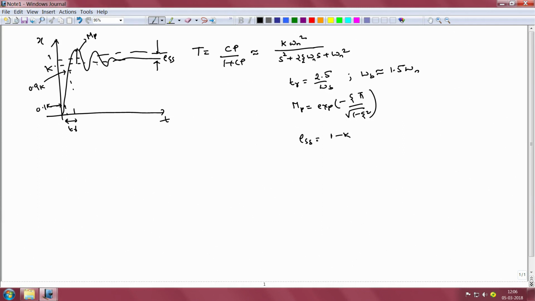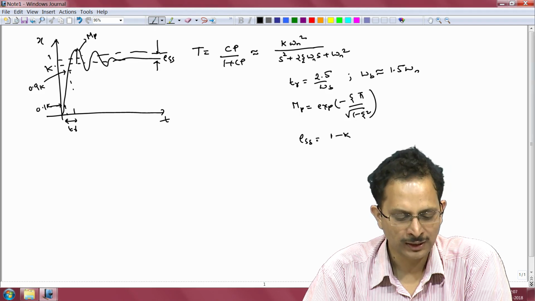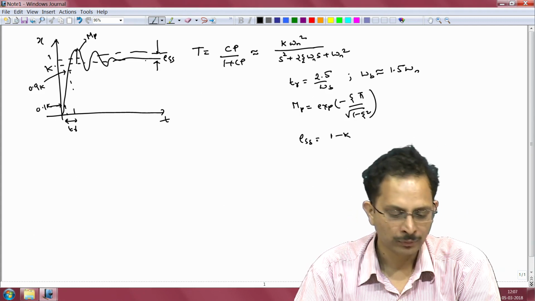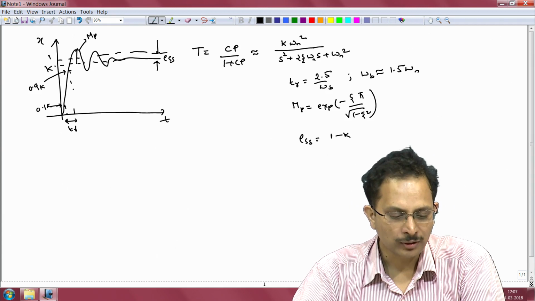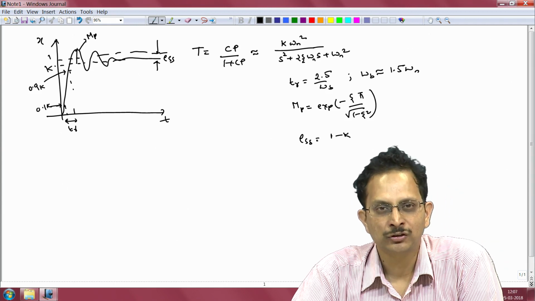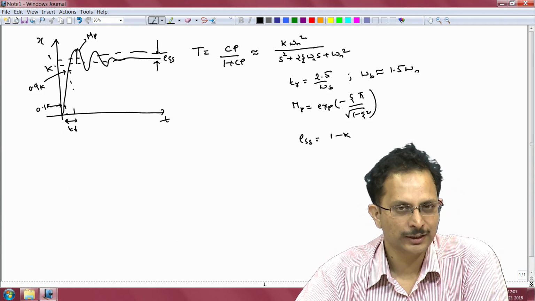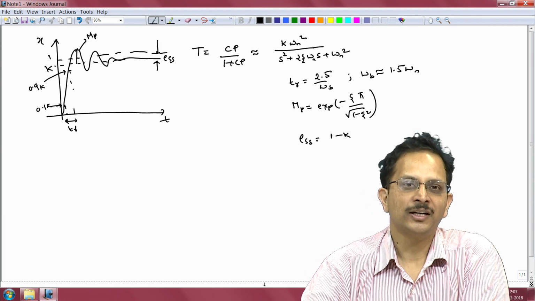So, we assume that a typical step response of our closed loop system might look something like this, and we attached a few characteristics to the closed loop response, and one was the rise time, which was the time it took for the response to rise from 10% of its steady state value to 90% of its steady state value. Then there was the peak overshoot, and then finally the steady state error. And then we were confronted with a dilemma about how to translate these time domain specifications into closed loop frequency domain specifications, particularly because we have not yet designed the controller.